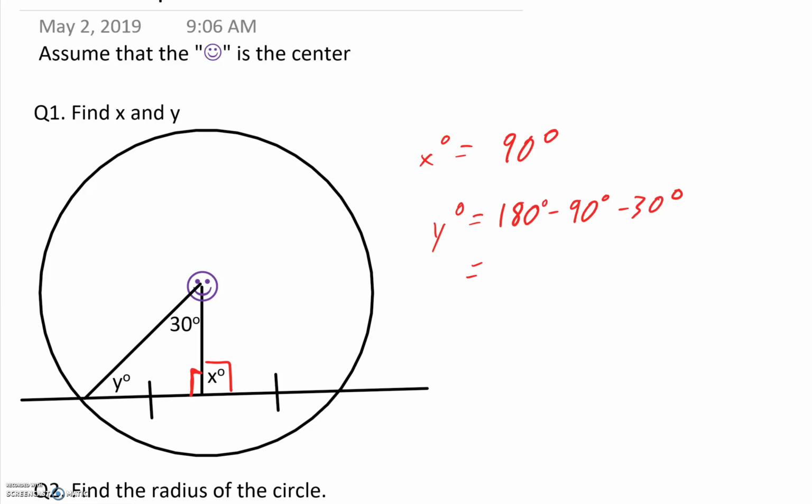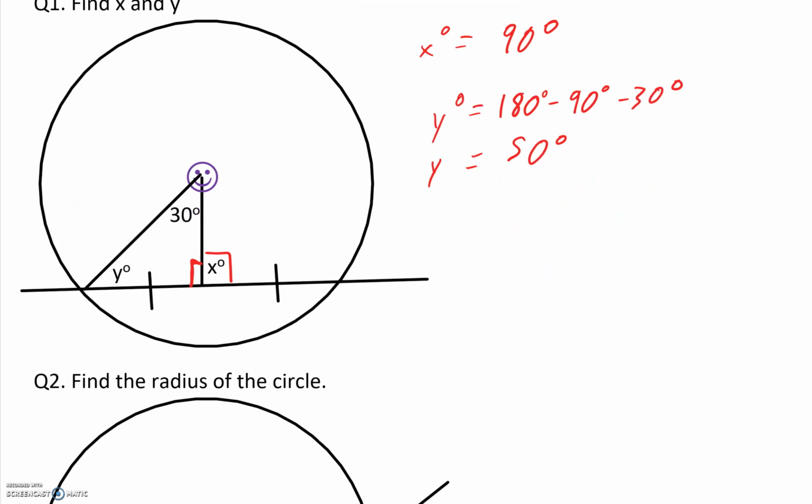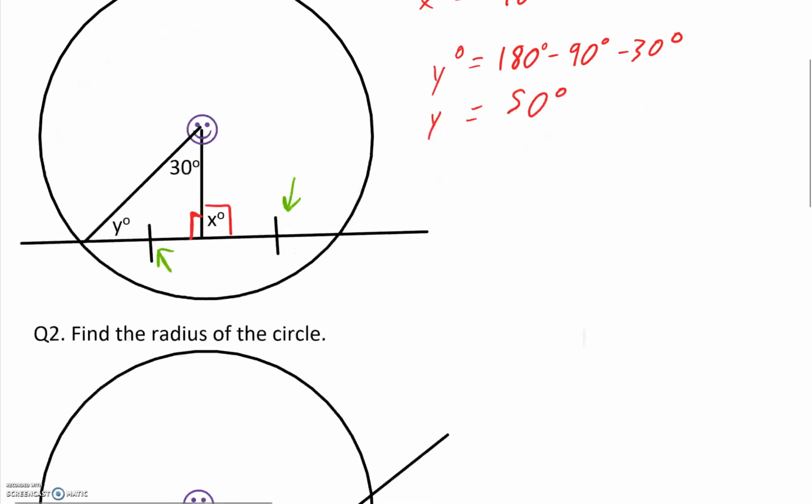So that means y is equal to 50 degrees. All right, so we were able to make the judgment call that that is indeed 90 because of these lines here that hopefully help us remember that those little single lines mean that those two sides are equal.